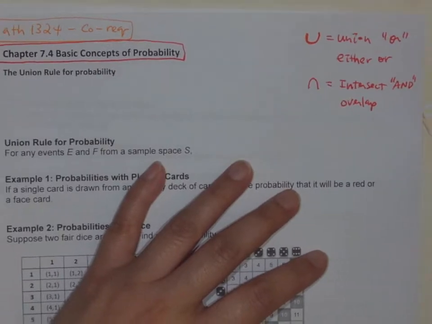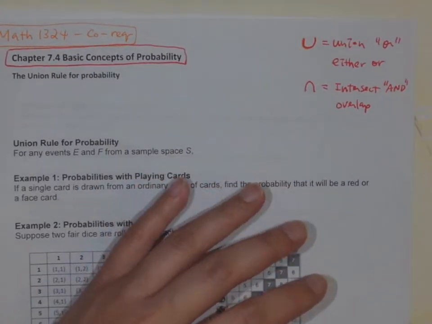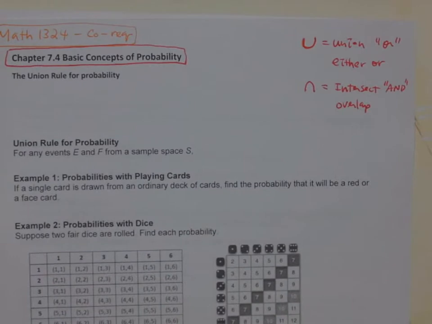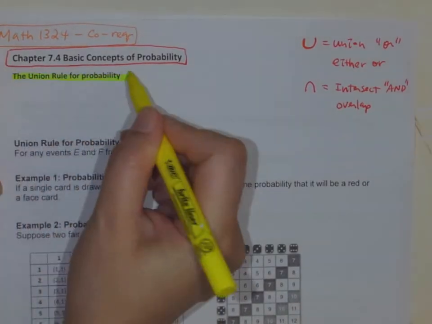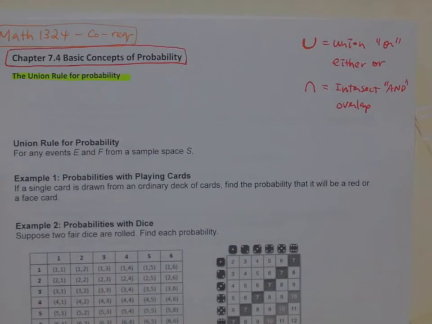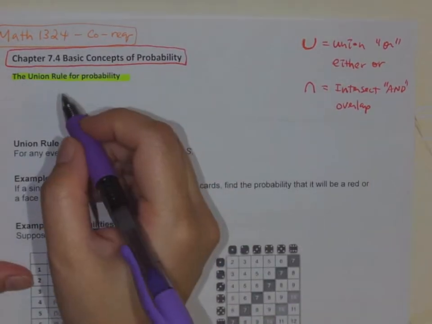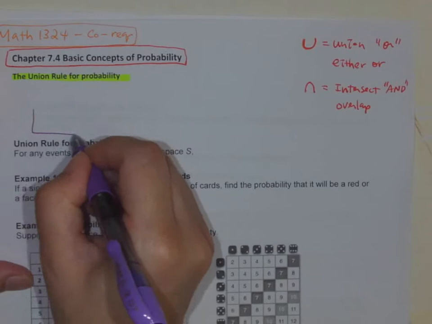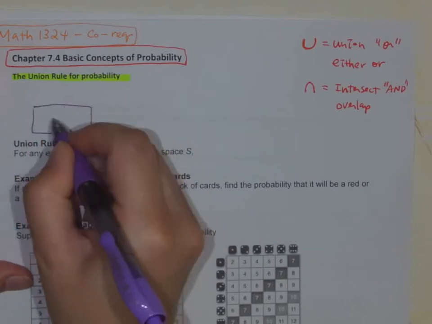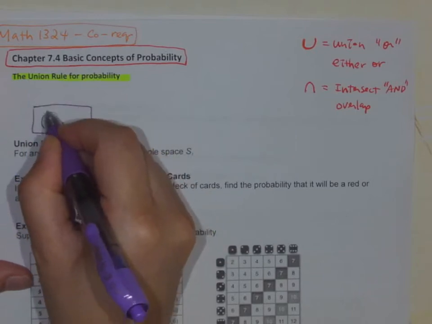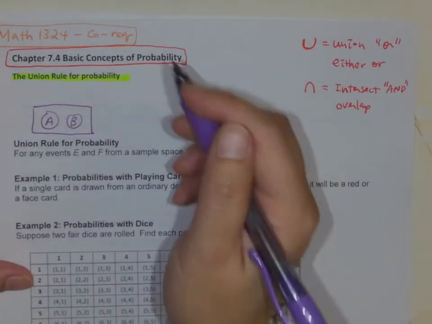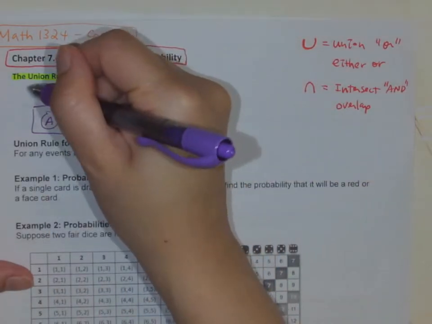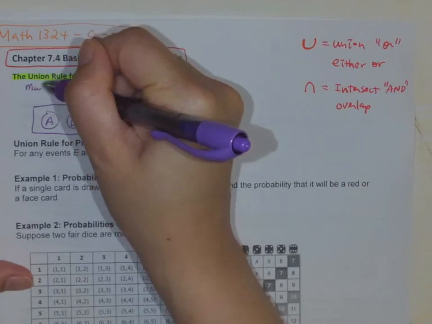And for this particular one, we start with the union rule for probability. Remember, we can use a rectangular shape to represent the universal set. If we have two sets in here that don't have anything in common, they are called mutually exclusive.